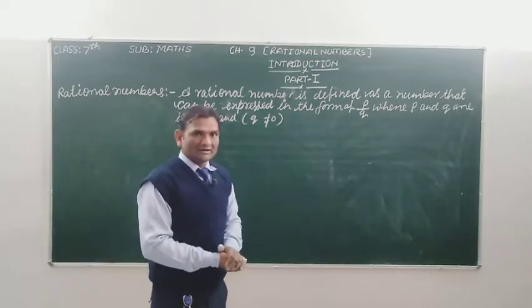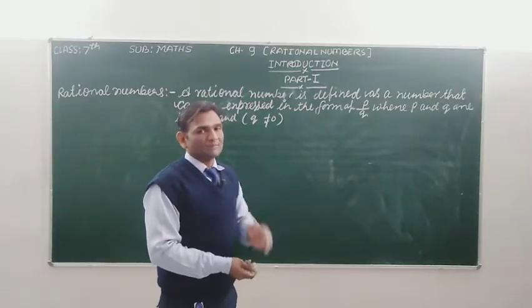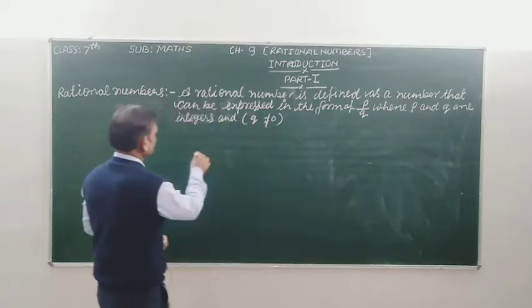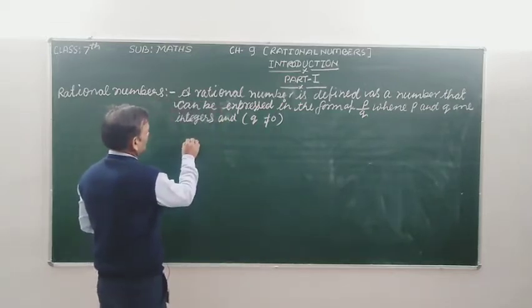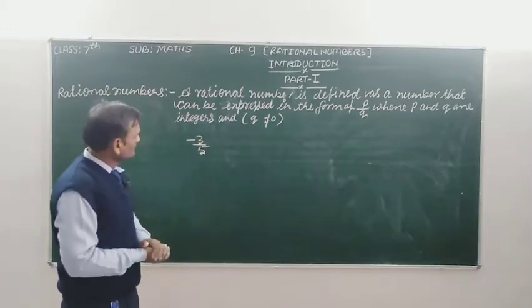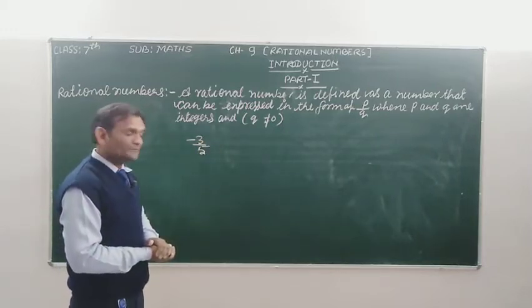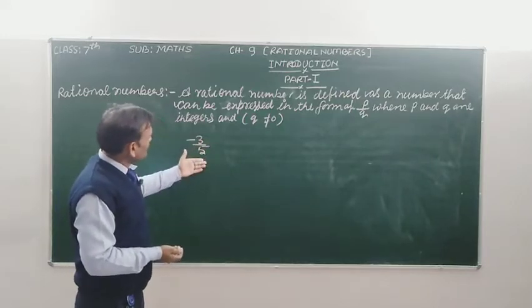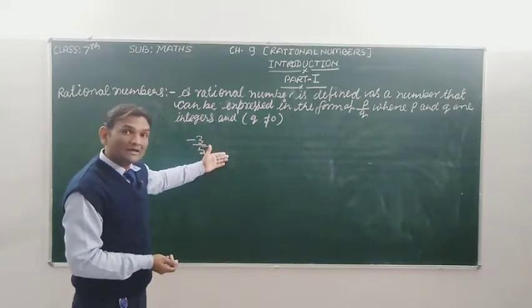Suppose, students, I am taking an example like minus 3 upon 5. Students, this is a rational number. Why?